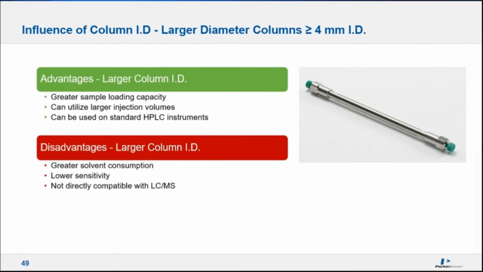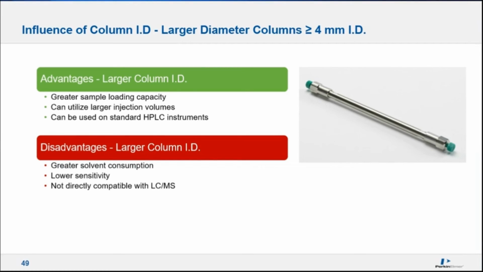So now let's look at the effects of column ID. I've broken it up into two categories. Larger diameter columns, these are equal to or greater than 4 millimeters internal diameter. There are some advantages to using these larger ID columns, including greater sample loading capacity.